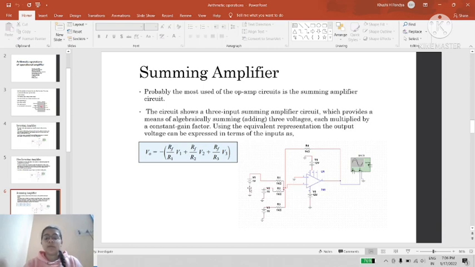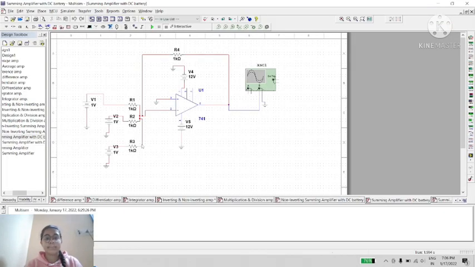In this circuit we can also use Multisim because we get a DC output voltage in the summing amplifier. So let's see in Multisim. This is the circuit.